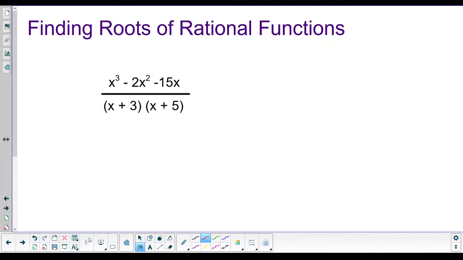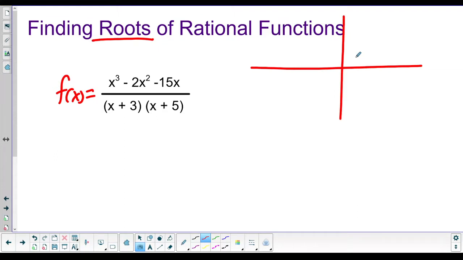So let's start with, how do I find the roots? For these functions, let's make it a function. There you go. Now it's a function. What a root means is that our graph touches the x-axis. So if there's our graph, our roots would be here, here, and here.